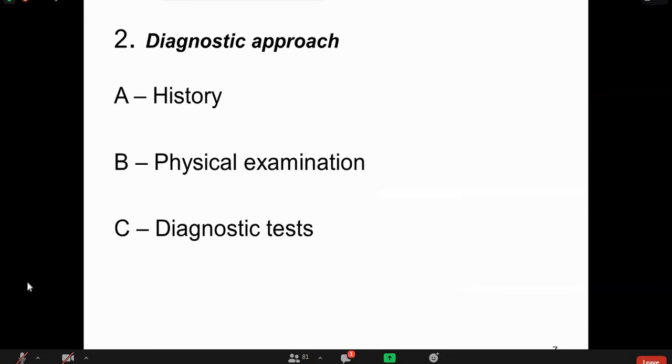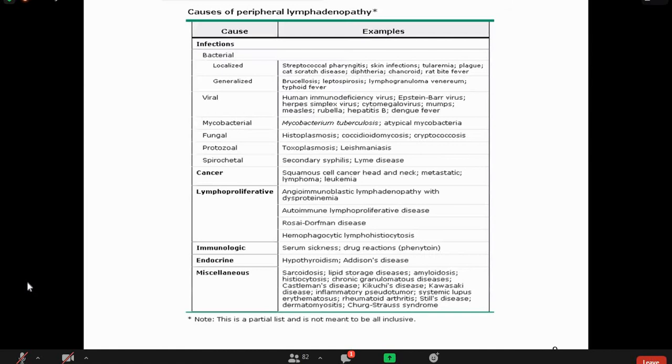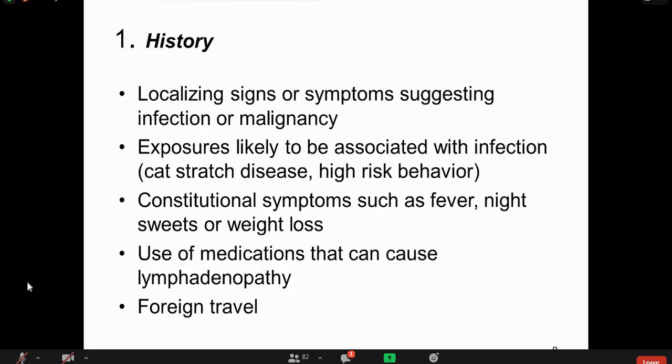Okay, so while waiting for the answers, I'm going to proceed forward with the diagnostic approach. Please remember, history is a critical part of the diagnosis, proceeding towards the physical examination. And finally, you're going to order some diagnostic tests to have a conclusive diagnosis. So the history should inquire about localizing signs and symptoms suggesting infections or malignancy.